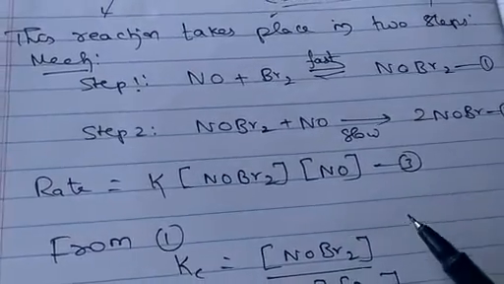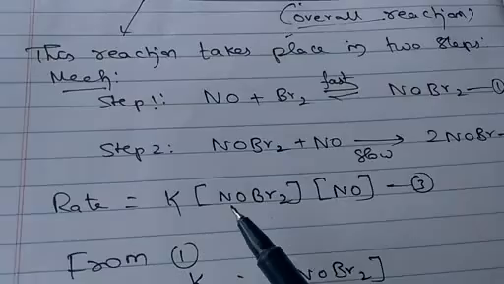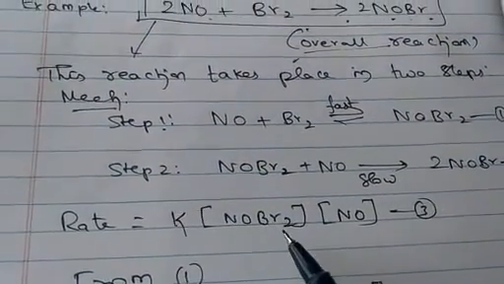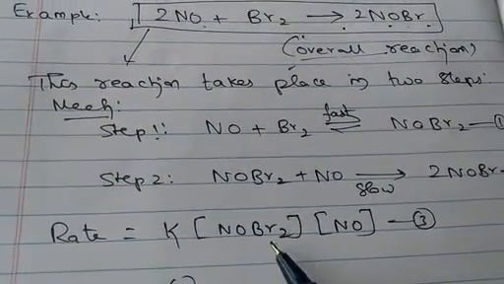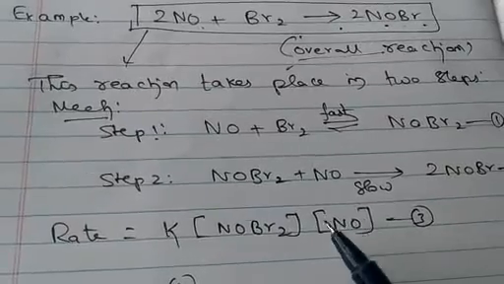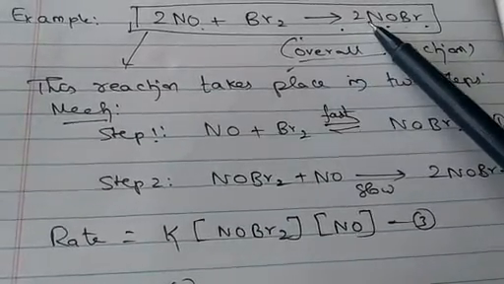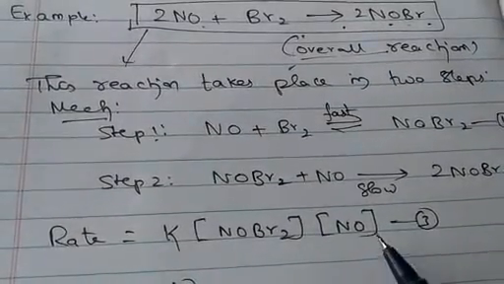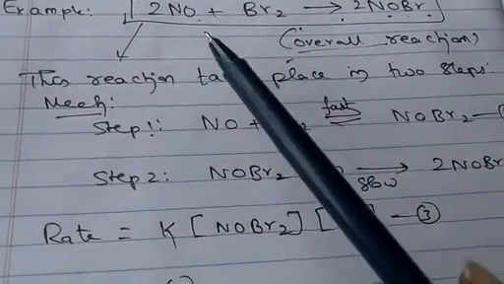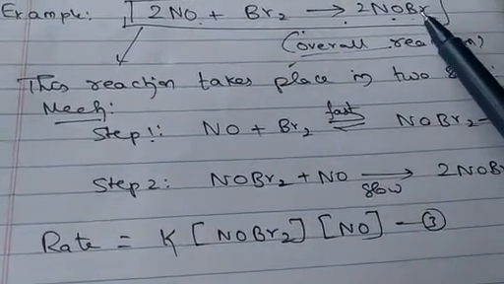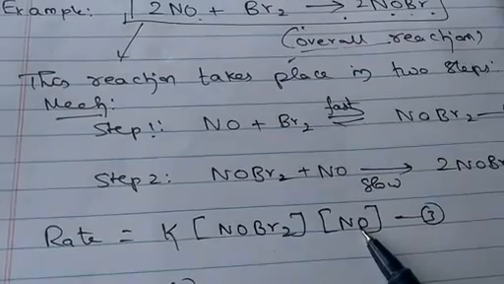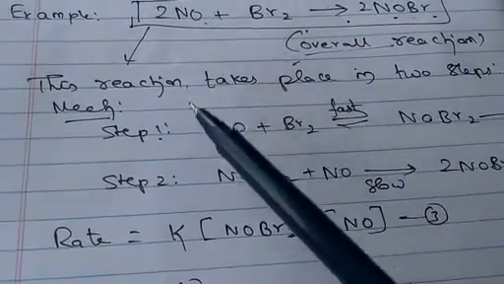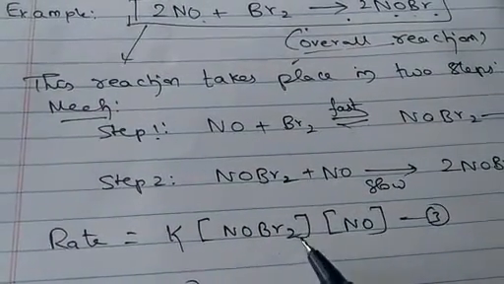But here we have to see whether these two species, NO and NOBr2, are present in the overall reaction or not. We have NO here and NO there, but here we have NOBr2.